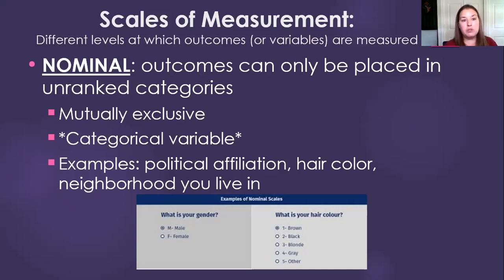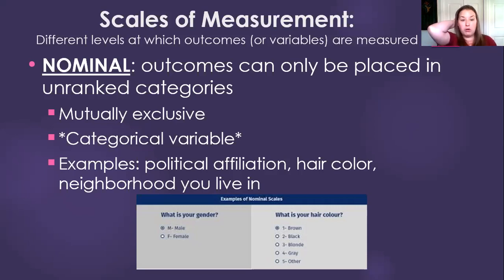For nominal variables, these are outcomes that can only be placed in unranked categories. So there's a couple of characteristics of these. The first is that they are mutually exclusive. Mutually exclusive means that you are in one category or the other. You can't select multiple categories, right? And categorical variable means that there's a limited or fixed number of options available as your responses.